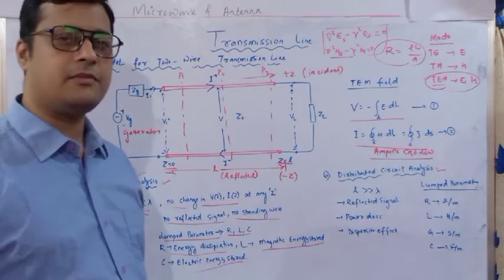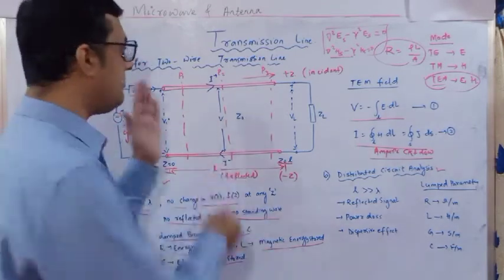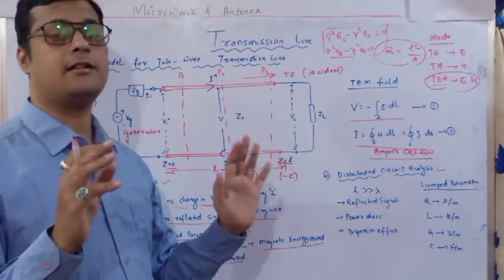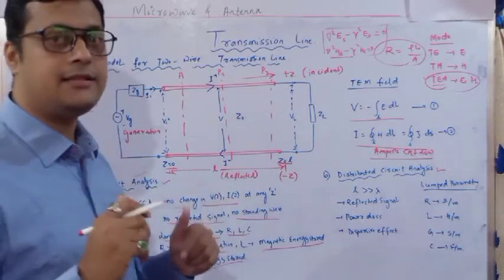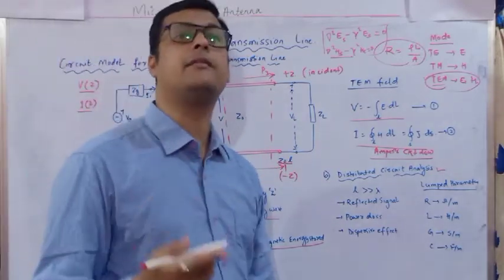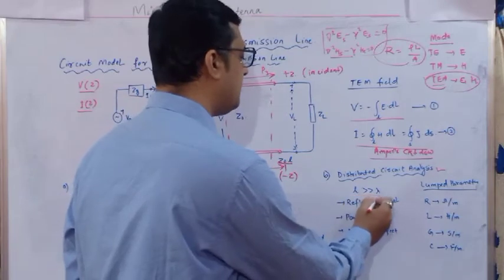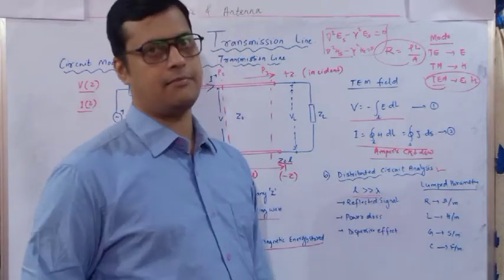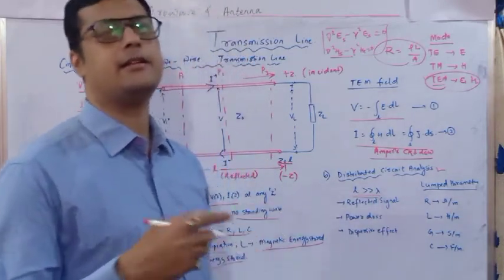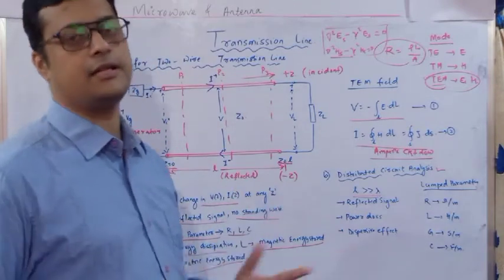So the length of a transmission line must be greater than the wavelength. If the wavelength is less, your frequency is going to be very high. So L must be very much greater than lambda. When L is very much greater than lambda, it is used for communication purposes.